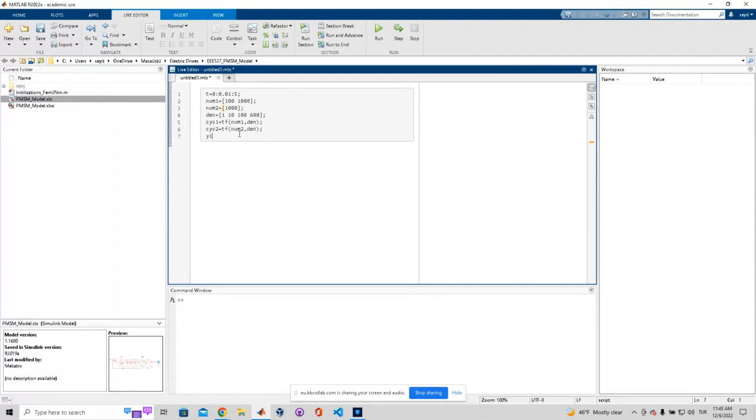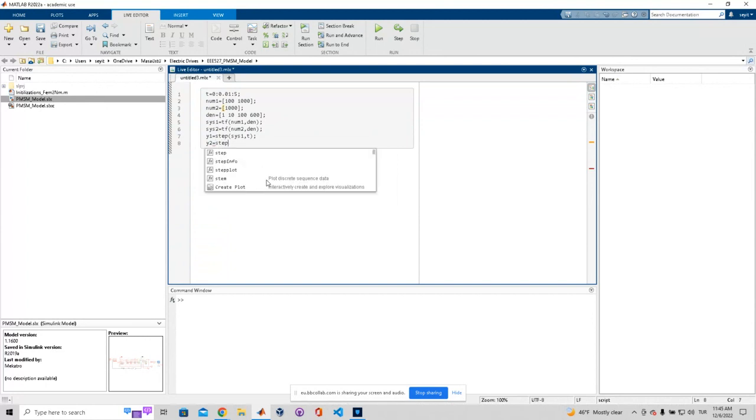Okay, let's first do y1 for the step response. We just write step, and it will take the step response of system 1 first, and then you need to open bracket, system 1, comma, and your time domain t. And for system 2, you can take it again as y2.